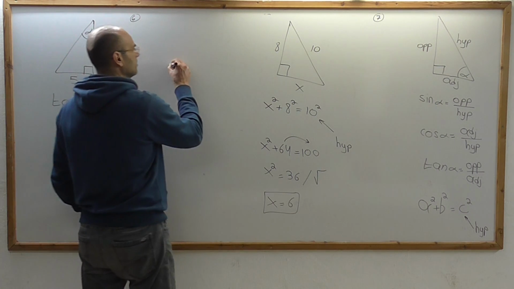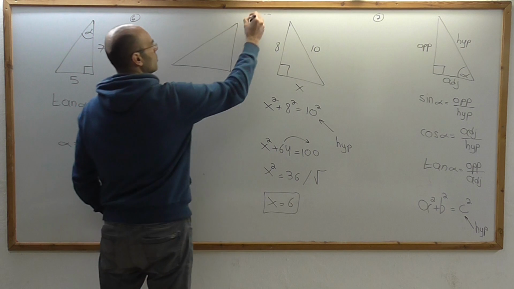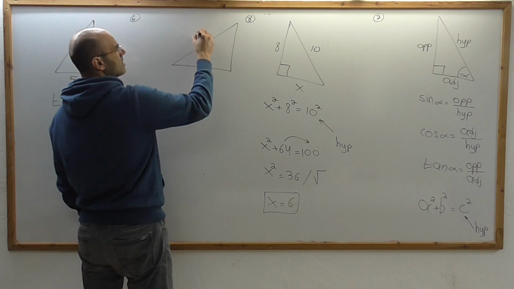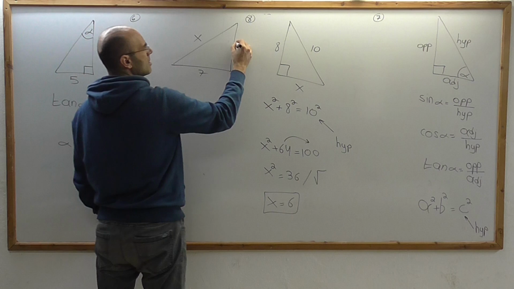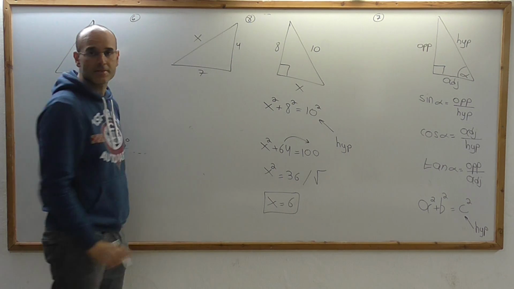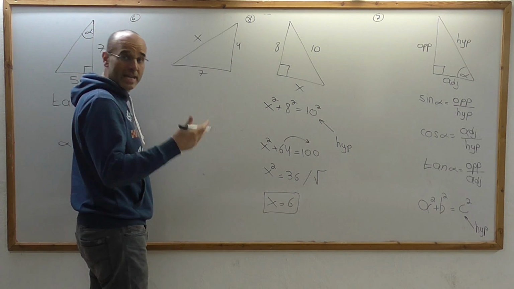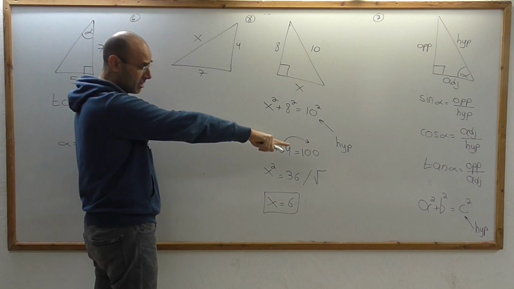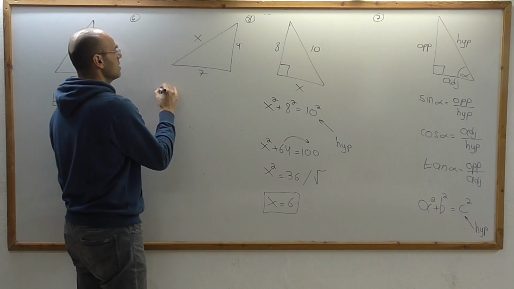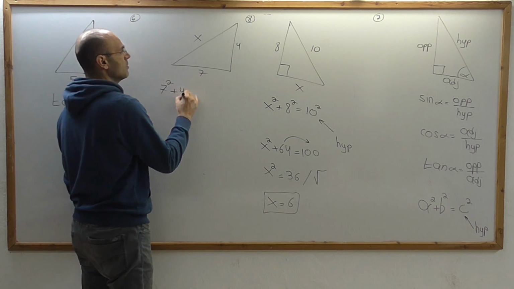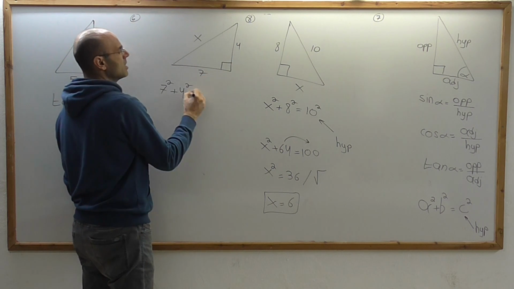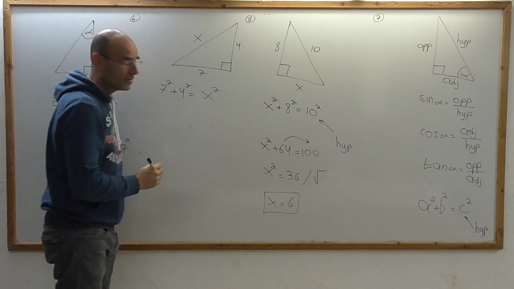Another example. Number 8. Let's say this is x, this is 7, this is 4. I want the x. So again, with the Pythagorean theorem, we say 7 squared plus 4 squared equals x squared.